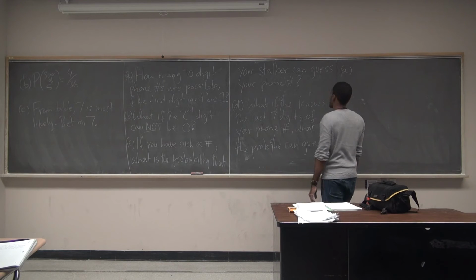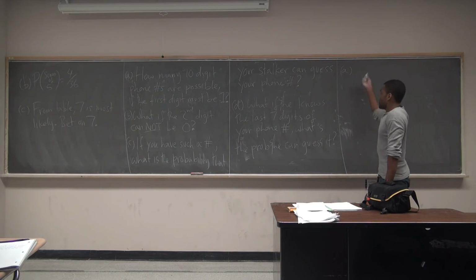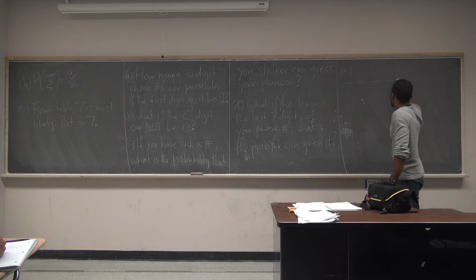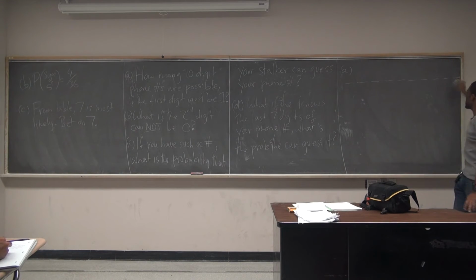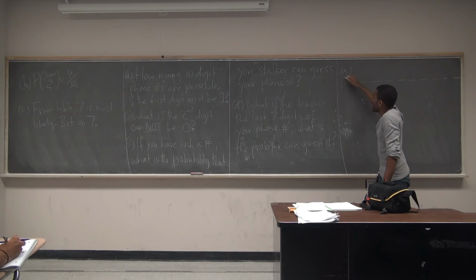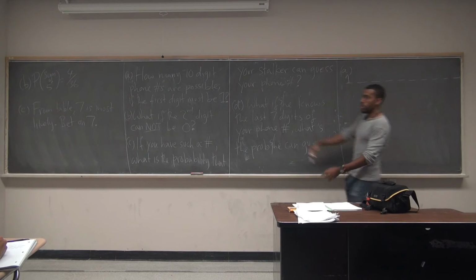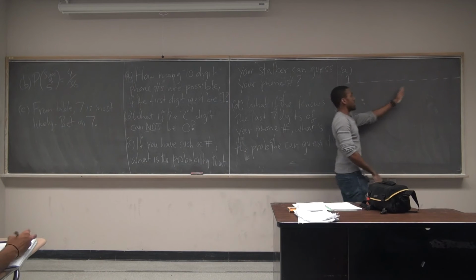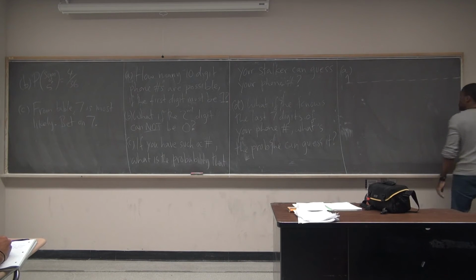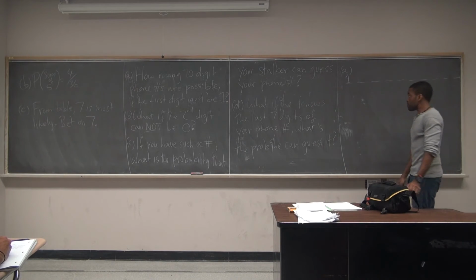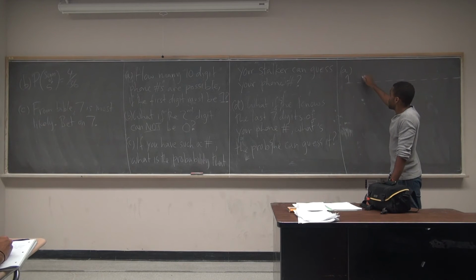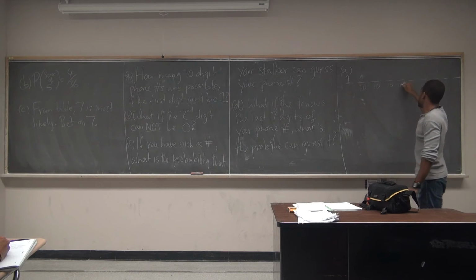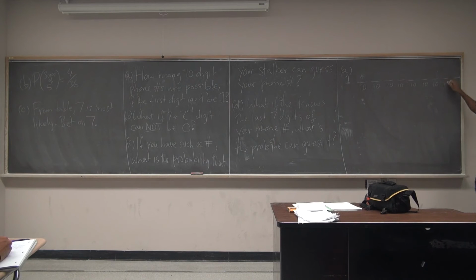Because the first digit must be 1, right? You think of it in terms of stages. Each digit is a stage, right? So there's 1, 2, 3, 4, 5, 6, 7, 8, 9, 10 stages, but this one is already accounted for. That has to be a 1. Assuming no other restrictions, the digits that can show up here can be any other digit, right? So you have 10 possibilities, including 0, for each of the remaining 9 positions.